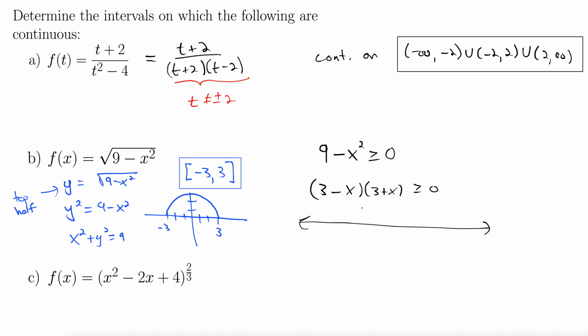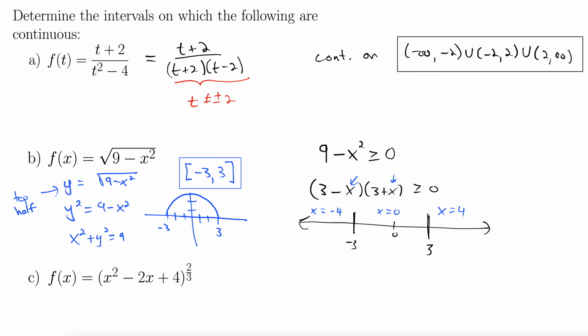So we get our zeros here at, let's see, we have one at 3, we have one at negative 3. Remember this? And then you test a point in each region. We do x equals negative 4, and so on. x equals 0, and you test all these for positive or negative. x equals 4, right? And we're plugging them into these x's, and we're seeing if that result is positive or negative.